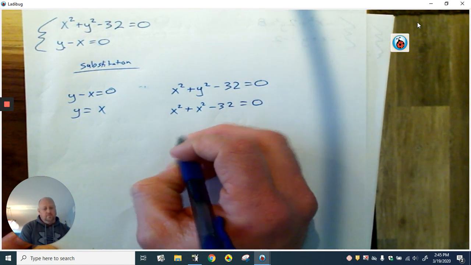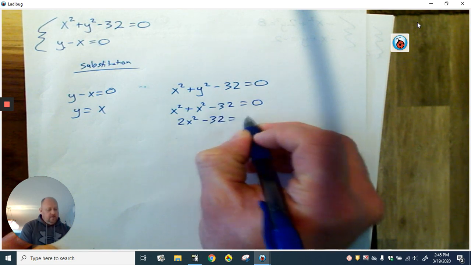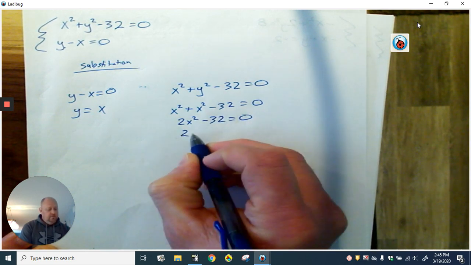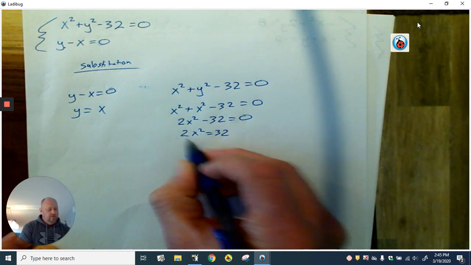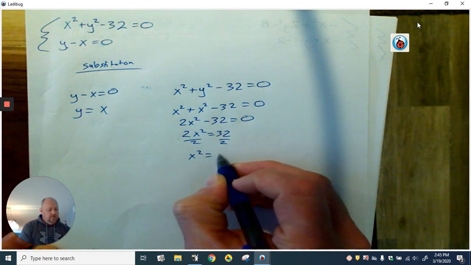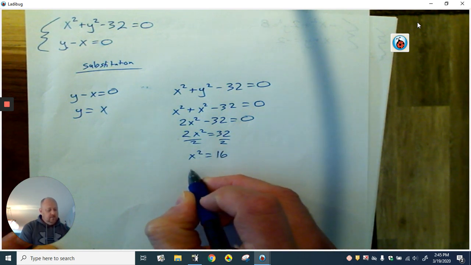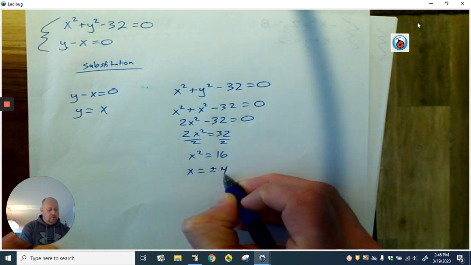We have x squared plus x squared, which is 2x squared. And then we can just solve this equation, which gives me 2x squared equals 32. If I move that 32 over, if I divide by 2, I get x squared is equal to 16, which tells me x is equal to plus or minus 4.